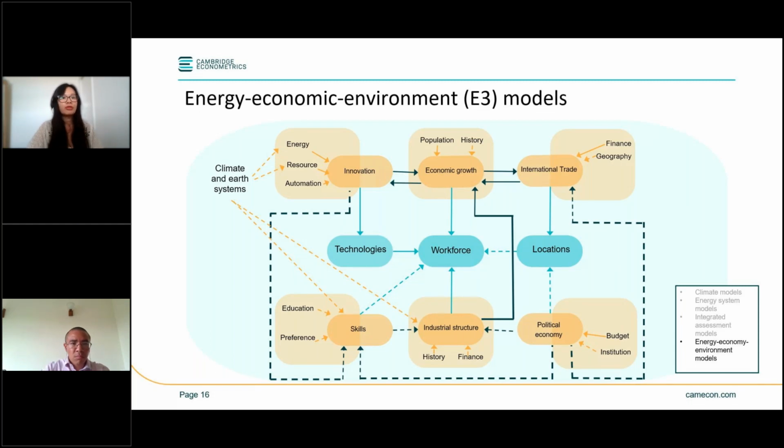It's worth noting that within each group of models, including E3 models, there are different variations within the same family as well. So under the E3 family, there are models which are optimization models.